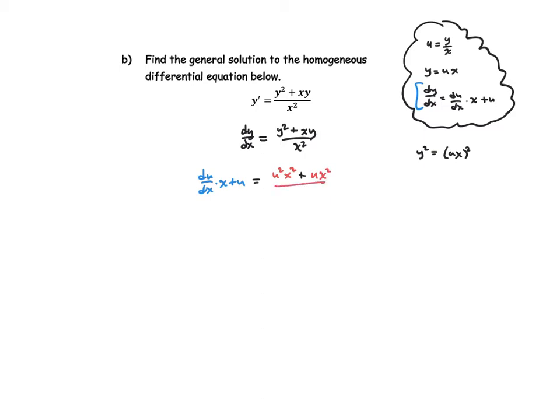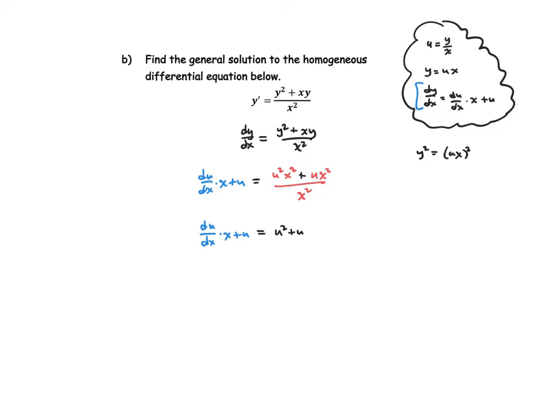This is all going to be over x squared. Let's do a little bit of work here. I can reduce an x squared out. So I'm left with du/dx times x plus u is equal to u squared plus u.